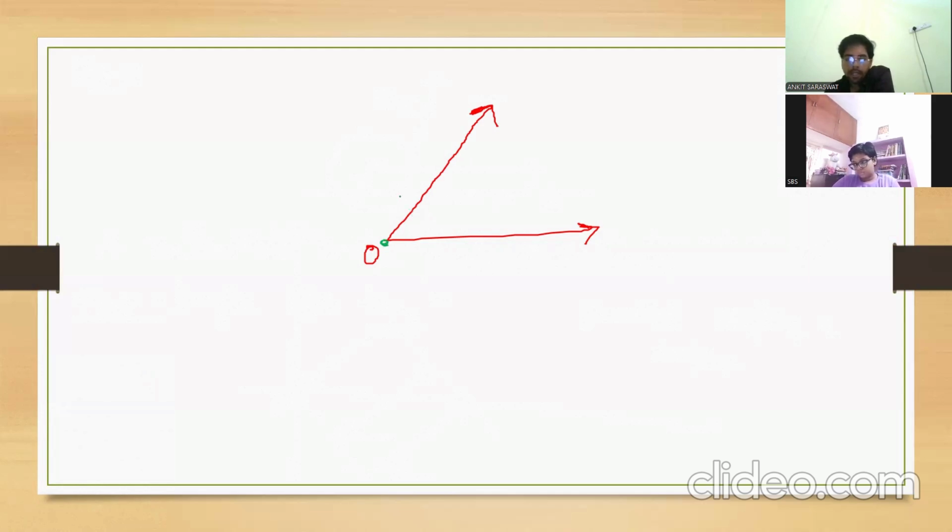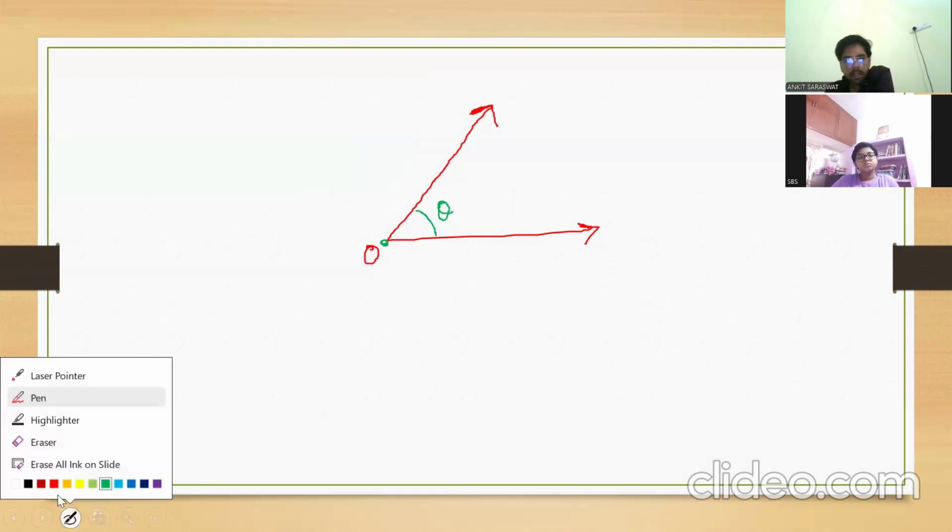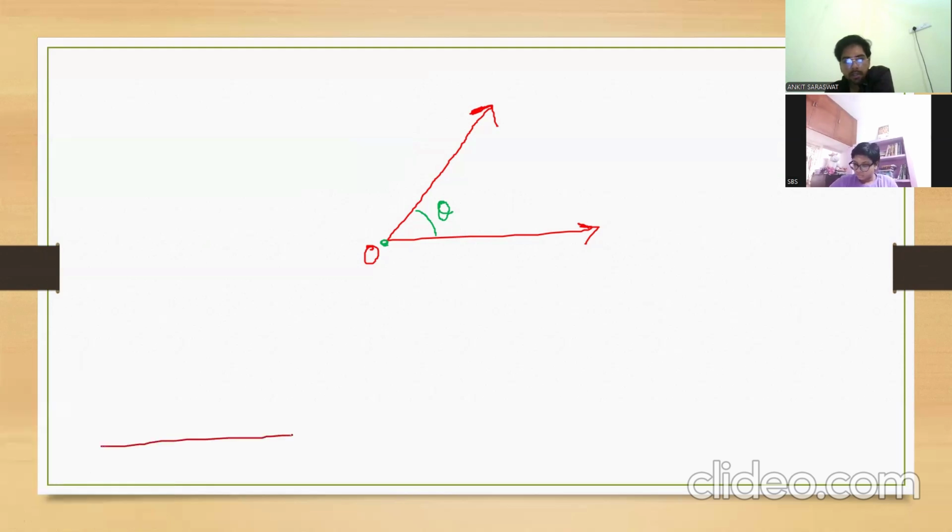Clear? Then only you will see the angle. This is the angle between two vectors. If I draw one vector like this and one vector like this, you can't say this is the angle. That is wrong.